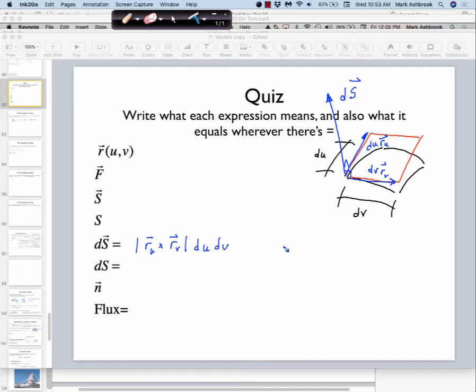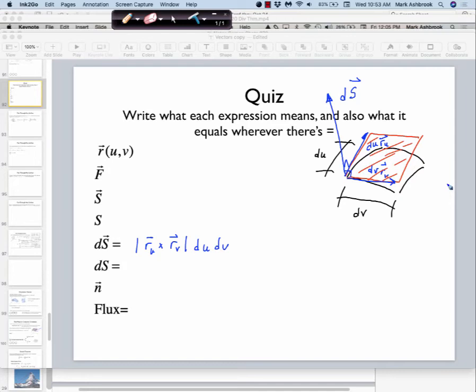Yeah, so when we cut up our surface into lots of little elements, we've got to approximate all those little elements, and they can't be curved. So we approximate them with little flat parallelograms, which I'm drawing in red here.